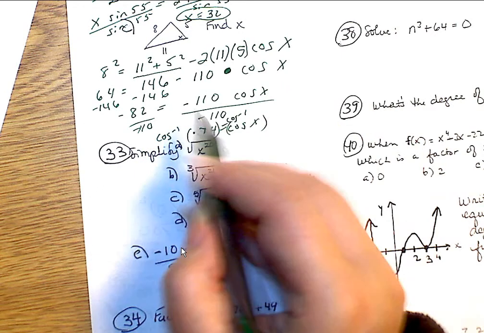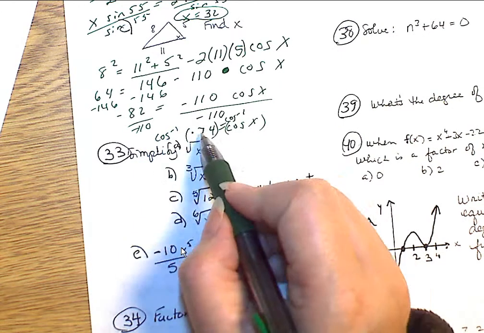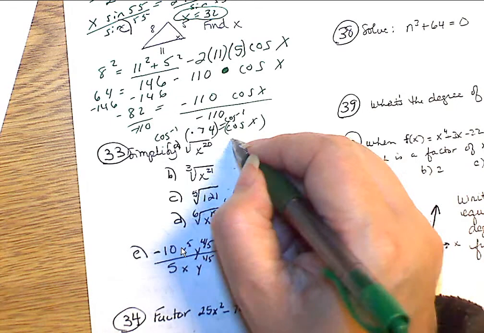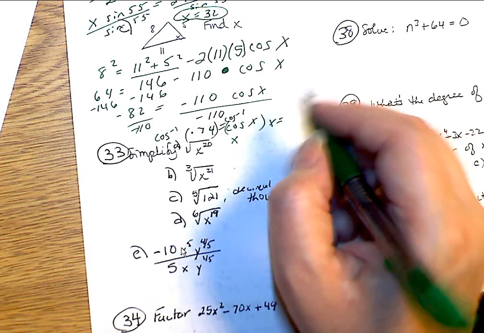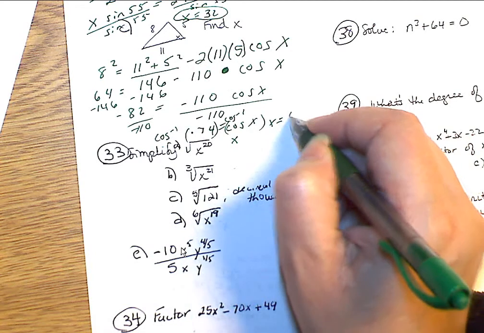So cos inverse of 0.74. So x on this one is equal to 42 degrees.